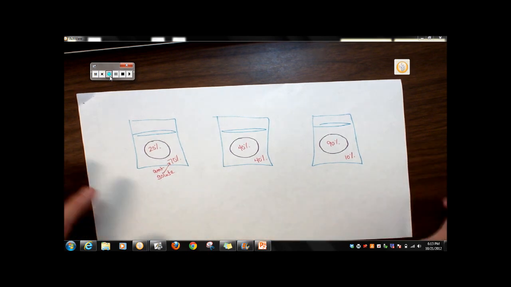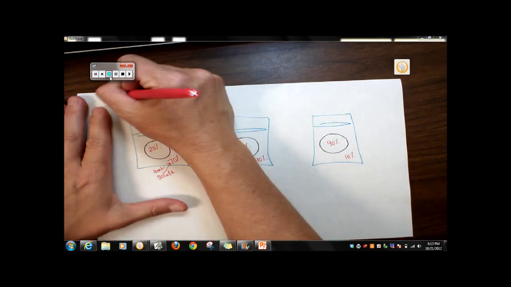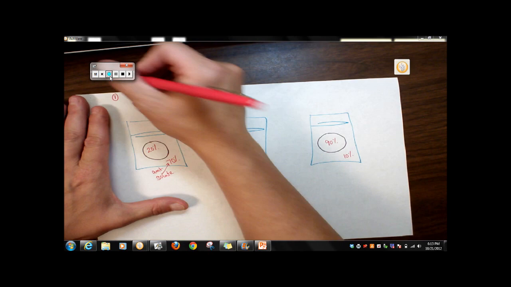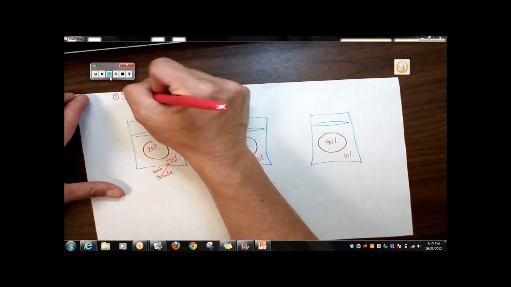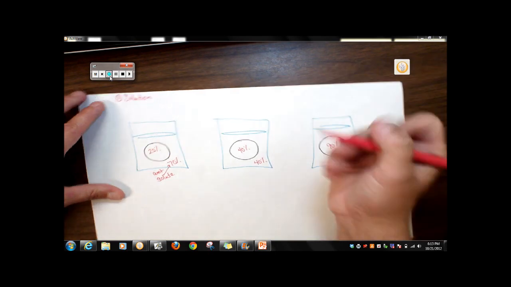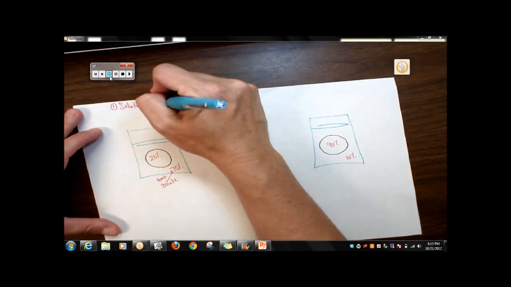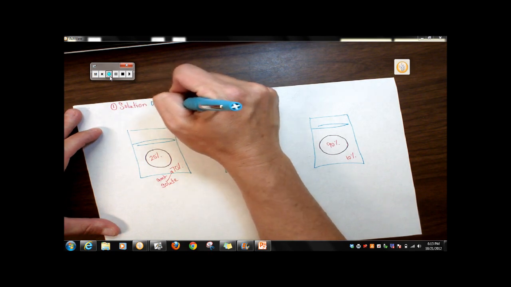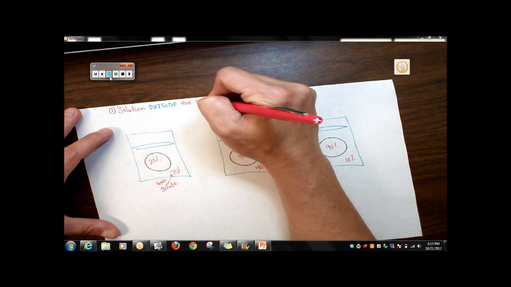Okay? So in order to solve these problems and figure out where the water's going, there's 3 basic questions. The first one is, what is the solution outside the cell? So you have 3 choices.